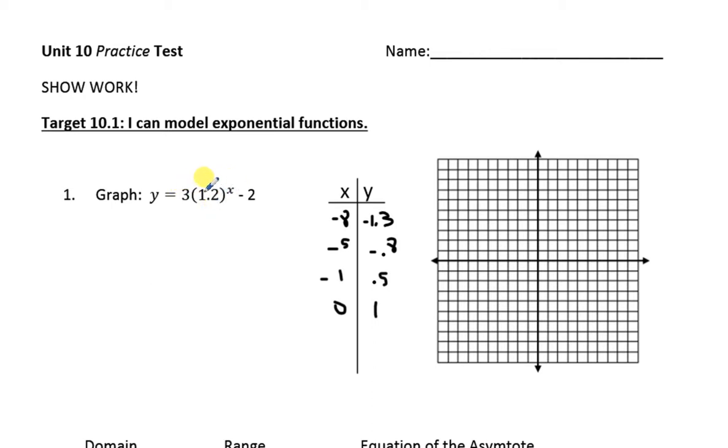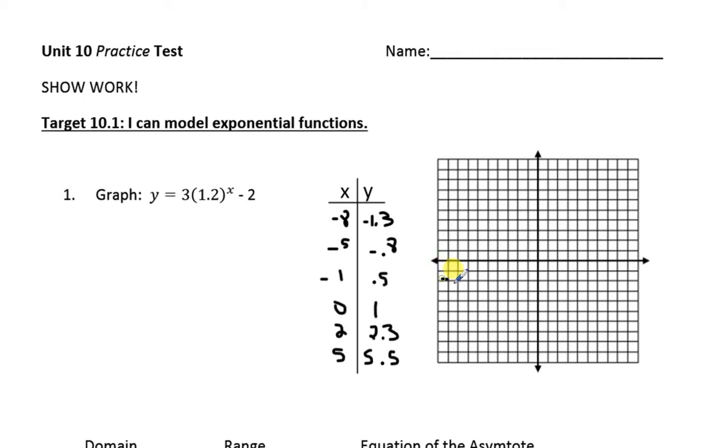Multiply it by 3, we'd be at 3, and then 3 minus 2 is 1. At 2, we're at 2.3. And at 5, we're at 5.5, and that's when it really starts to grow. At 10, we are off the graph, we're at 17.